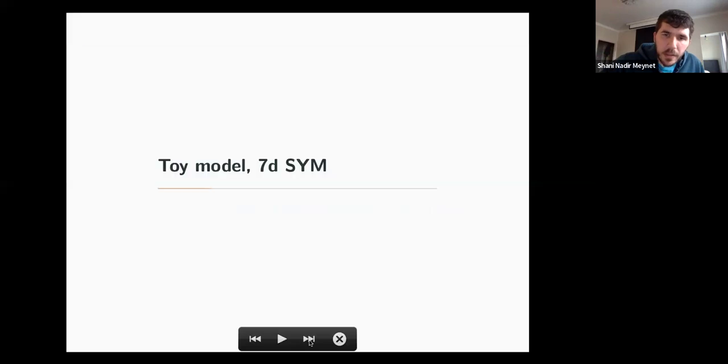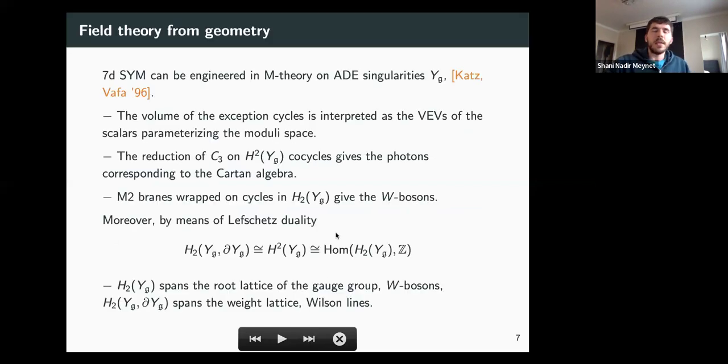Well, that said, I think we can start with our toy model example, the 7D super Yang-Mills theory. This theory is engineered in M-theory by considering M-theory on an ADE singularity. An ADE singularity is nothing but a quotient of C^2 by a finite subgroup of SU(2).